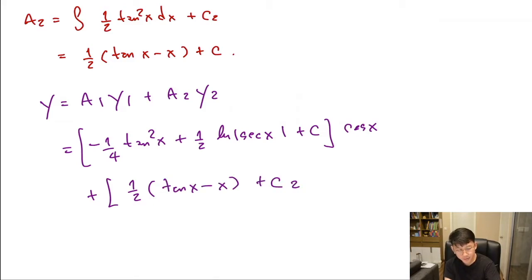Let's say this is c2 and this is c1. Psi x, and that's it. Okay, and that is a solution of the non-homogeneous linear equations of second order.